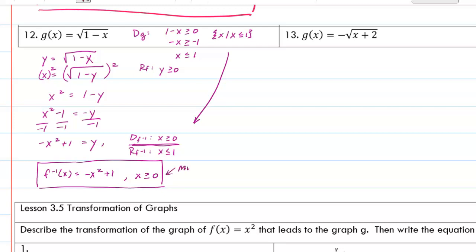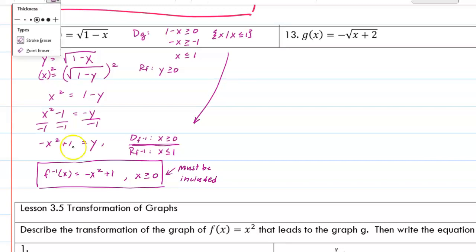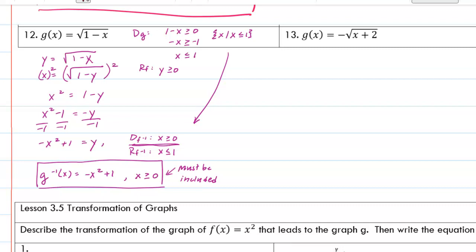That must be included in order for you to answer whether or not these two are inverses. And plus, I put the g on there wrong. Now they're inverses. G of x and the inverse of g of x with the restriction on x included.